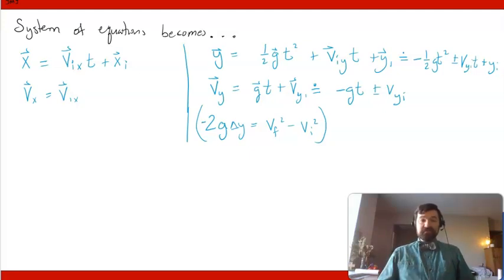Now, when discussing vector addition problems, I've given recipes for how to proceed. Here, it's a little bit harder to give you just a simple recipe because it depends upon what the problem is asking and what your setup is.